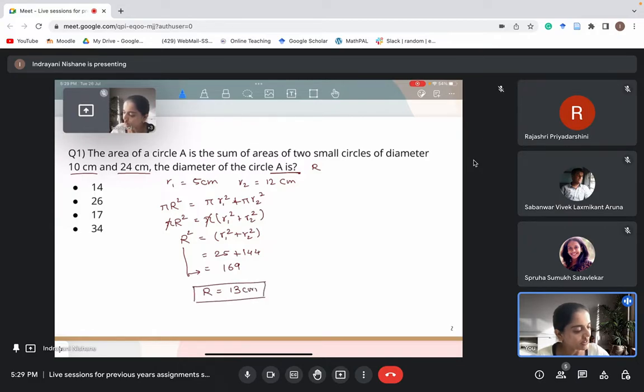So we have found the radius of circle A. So that means diameter would be 26 centimeter, which is option B here. So here we have tried to process the given information, tried to interpret what information is given, and then applied simple formulae to find the answer.